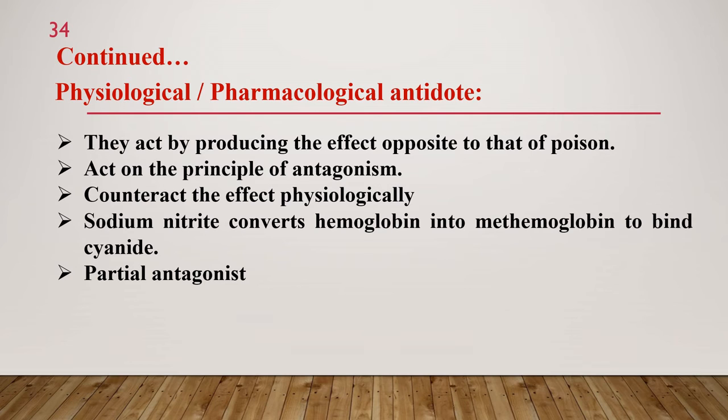Sodium nitrite is an example of a physiological or pharmacological antidote, which acts via converting hemoglobin into methemoglobin for binding cyanide. Most of the antidotes are only partial antagonists in their action.